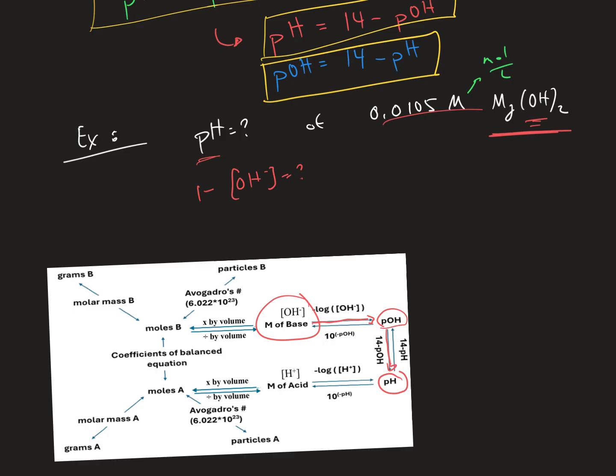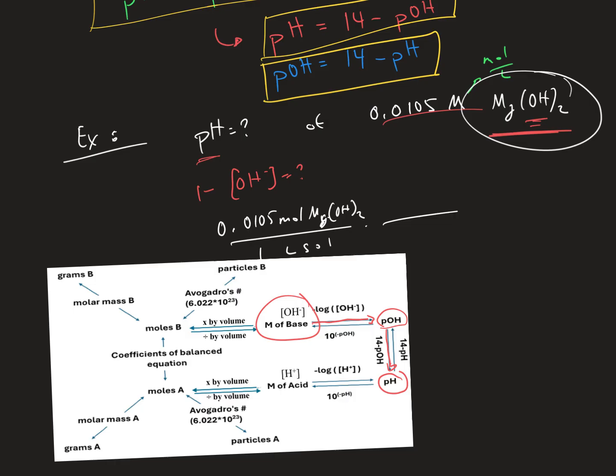So, to do this using dimensional analysis, we're going to start with 0.0105 moles of magnesium hydroxide over 1 liter of solution. And for every 1 mole of Mg(OH)2, how many hydroxides do we have? 2 of them.